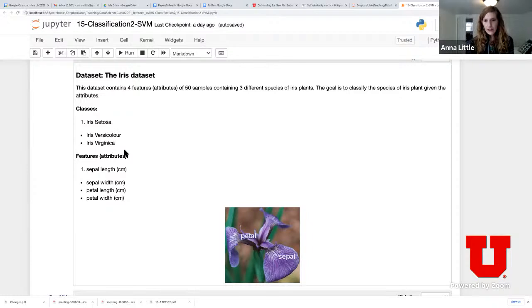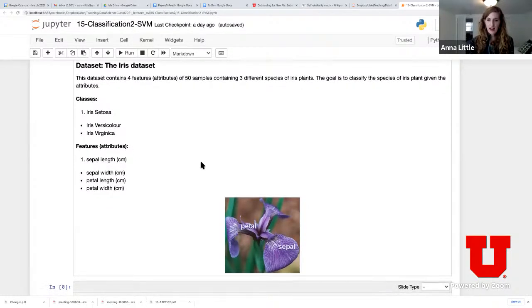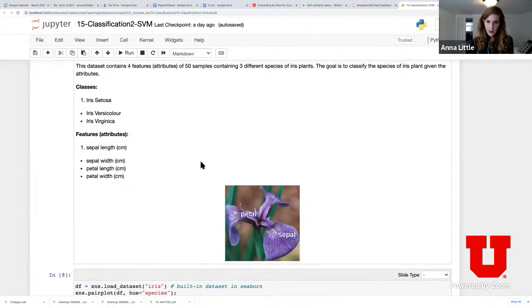We have 4 features for each observed flower: the sepal length and width and the petal length and width. Overall, we have 50 flowers. So 50 data points, 3 classes, 4 features. We want a classifier that can determine what species the flowers are.